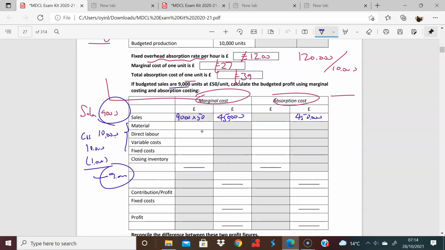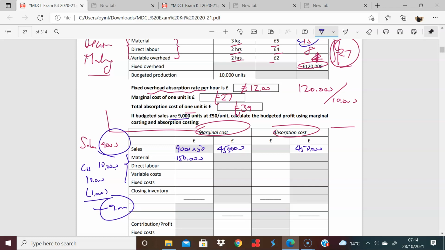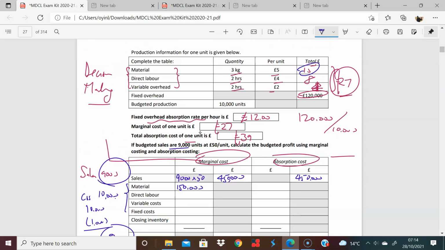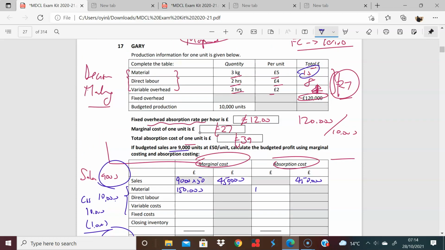So 15 times 10,000 is 150,000, isn't it? Yes. And then I have 10,000 times, and the same thing applies here, 150,000. The same thing applies here, where your labor is 8, and you're talking about 10,000 units, so you have 80,000.